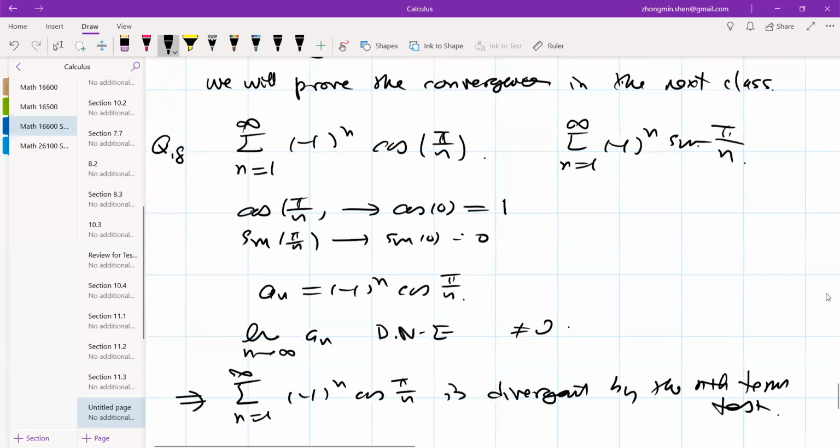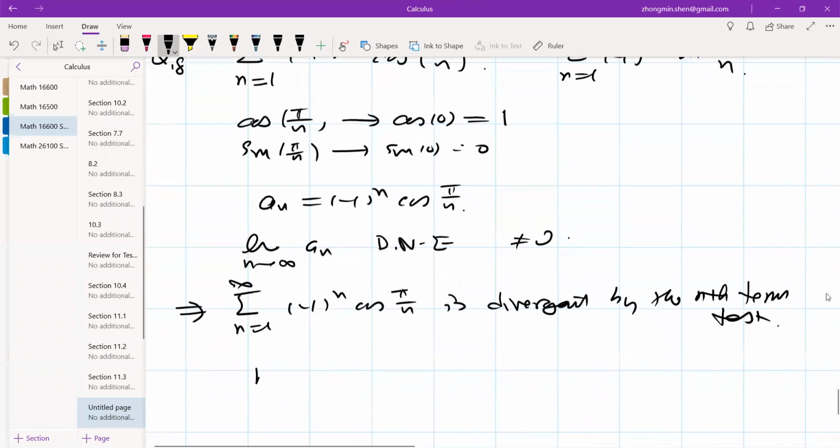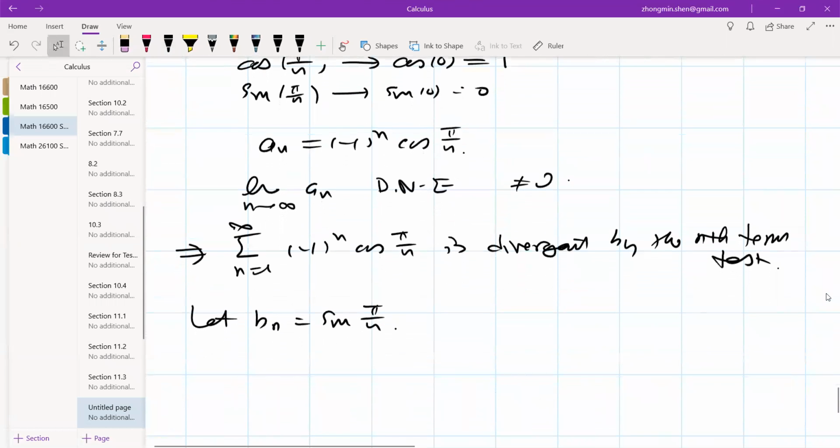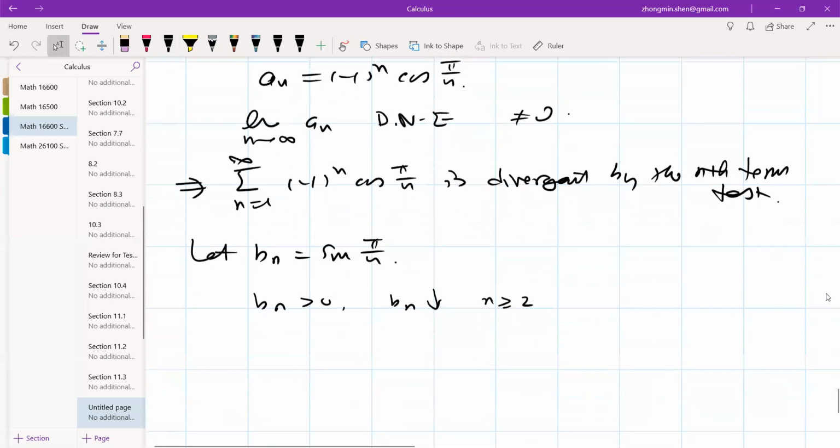The reason it's convergent is you look at Bn equals sine pi over n. And it's decreasing. Okay? So Bn is positive for large n, and Bn is decreasing for n greater than or equal to 2. And then Bn approaches 0.